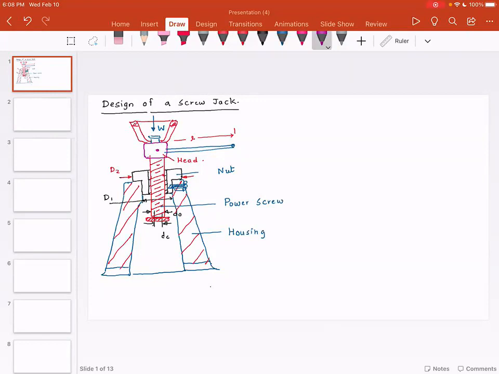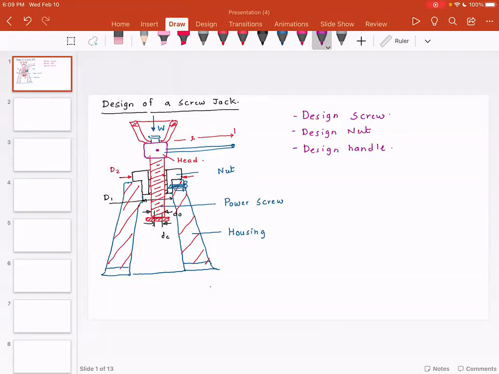Now the design procedure is similar to the design of a power screw. So what we will do is design the screw, design the nut, design the handle, and you can find all other auxiliary dimensions based on engineering principles.